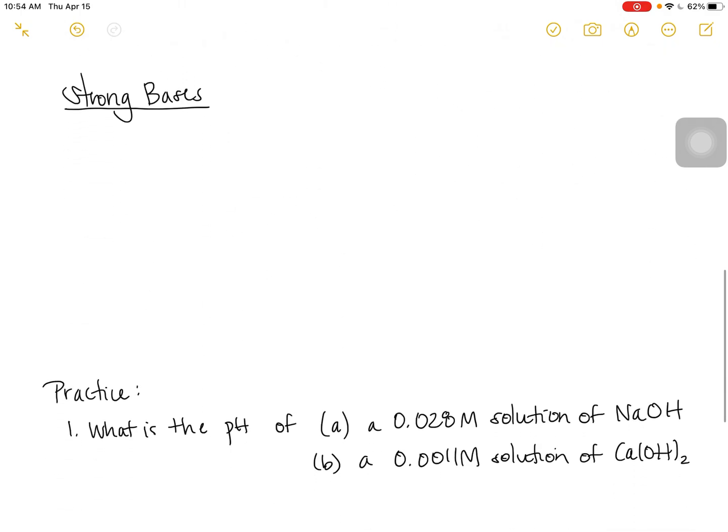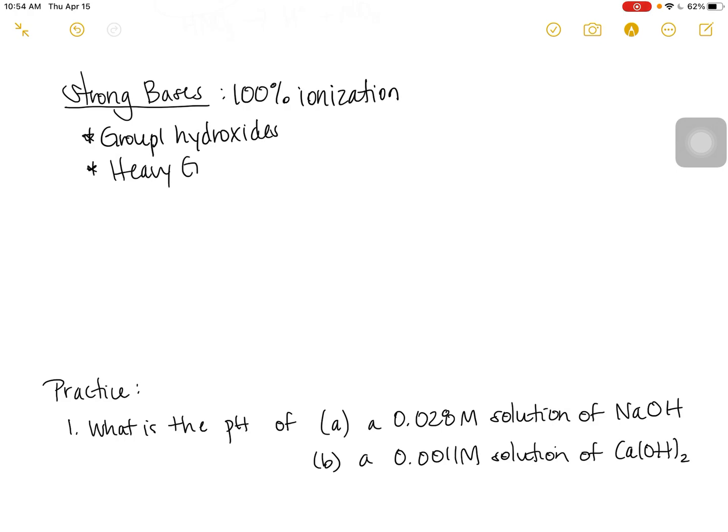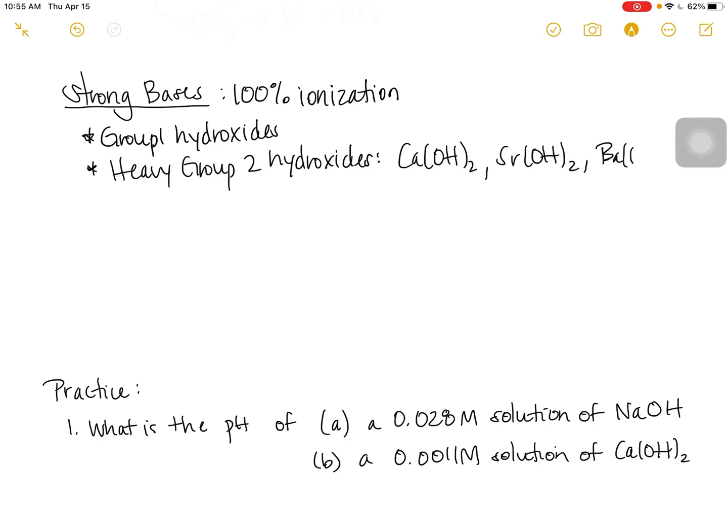The same thing can be said for bases. We can do the same idea because, of course, strong bases have 100% ionization. Remember that your strong bases are your group 1 hydroxides and your heavy group 2 hydroxides. And that was calcium hydroxide, strontium, and barium.